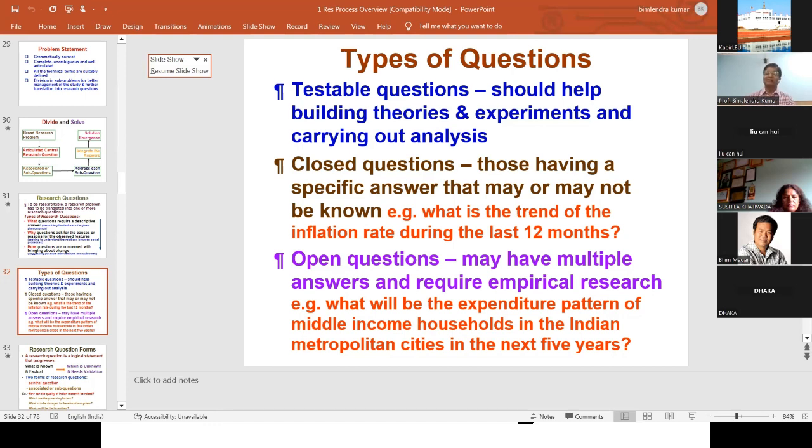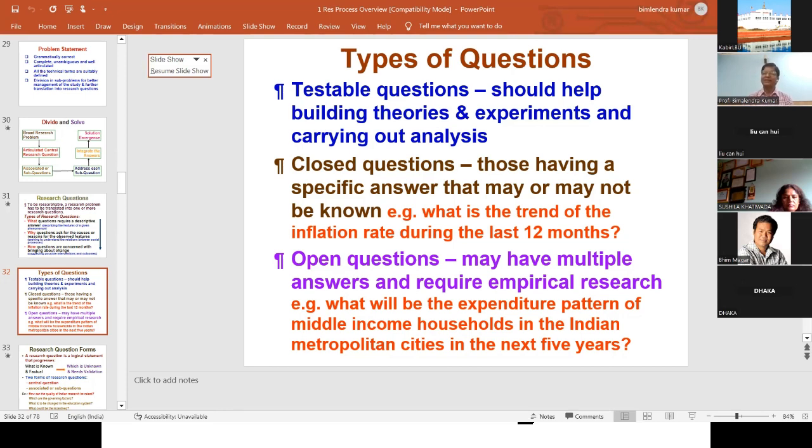Then the second type is closed questions, those having a specific answer that may or may not be known, like what is the trend of the inflation rate during the last 12 months. It cannot be said in a very specific or pinpointed way what the inflation is.